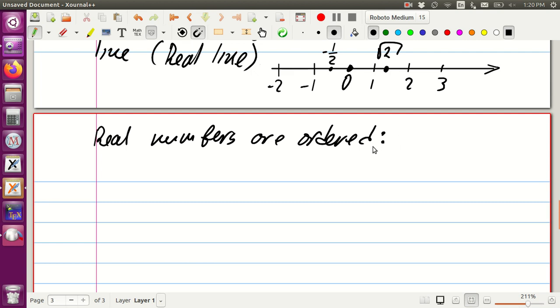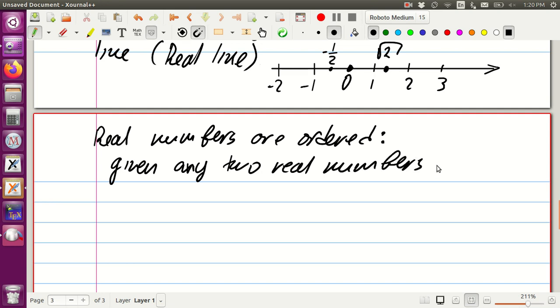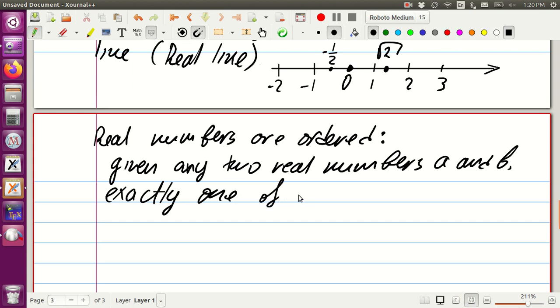So what does it mean, ordered? That means that given any two real numbers A and B, we have exactly one of the following is possible.